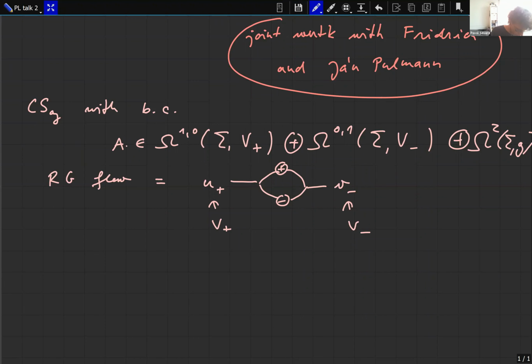And so what is the wishful thinking? To write down some kind of perturbative quantization, we need a propagator.